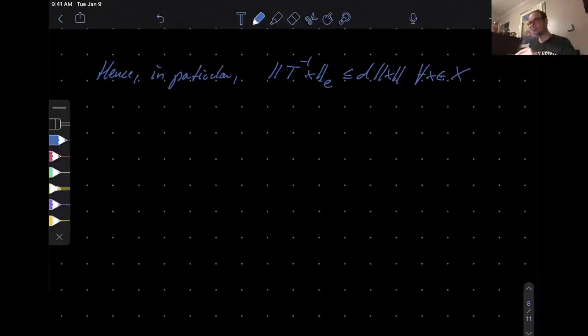You replace alpha by T minus 1 of x. Okay, so you have this, and this in particular shows, of course, that the inverse of T, remember T is bijective, is also bounded. Okay, good.